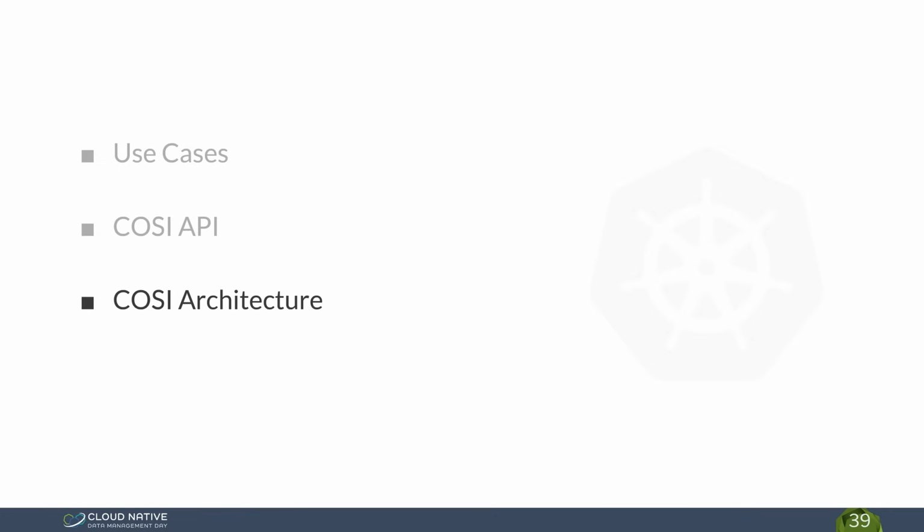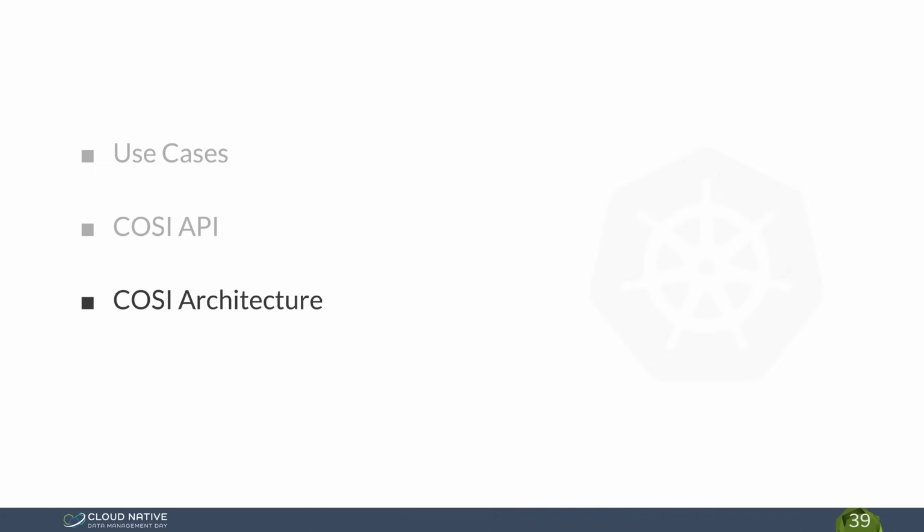I want to make a pause again here to recap what we've covered so far. We started with our most important use cases, the reason we built COSI, that is, and they are to provide a kube native API to empower the developer by enabling self-service, and also to prevent vendor lock-in by enabling portability.